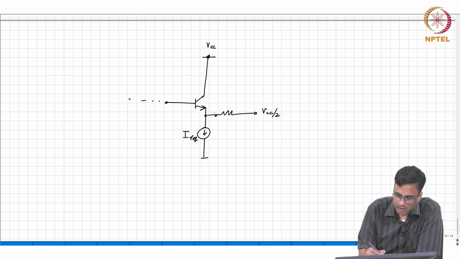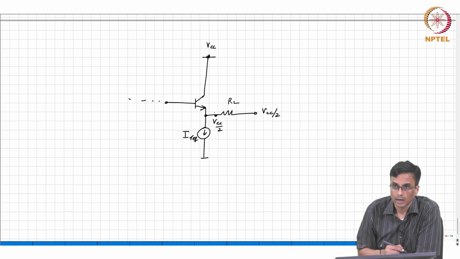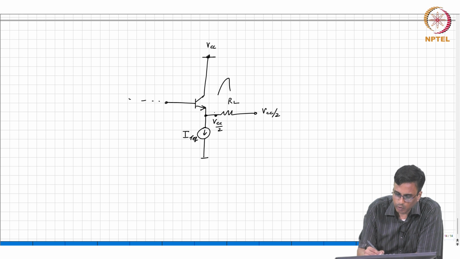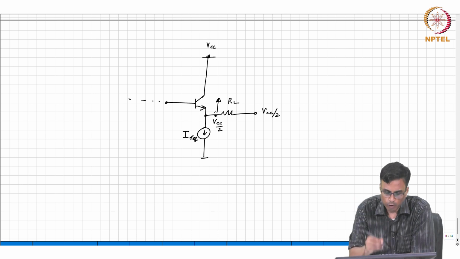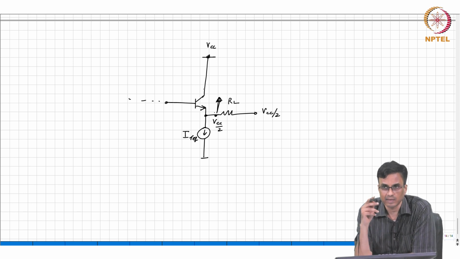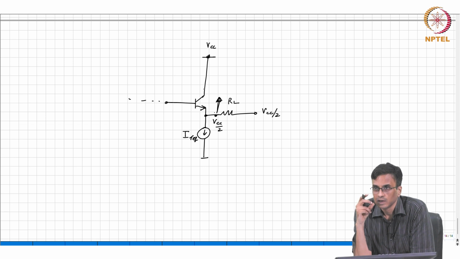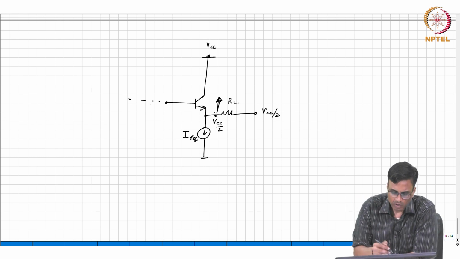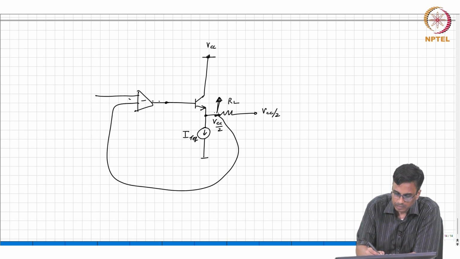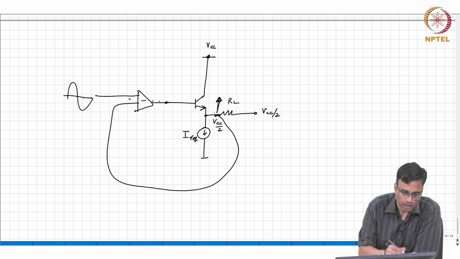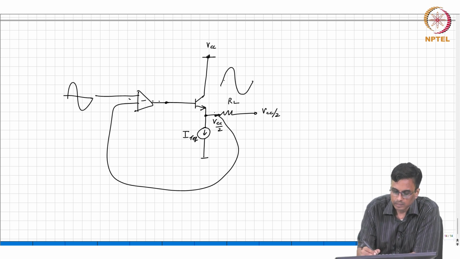This is VCC, under quiescent circumstances this voltage is VCC by 2, this is RL, correct. When you apply a signal, this output voltage is swinging like this. What is the maximum voltage that the output can go before something bad happens to the devices? If the output voltage keeps going high, what happens eventually to the transistor? So, VCE, no, this is being driven by the feedback loop inside, correct. So, if this goes too high, what happens to the transistor?